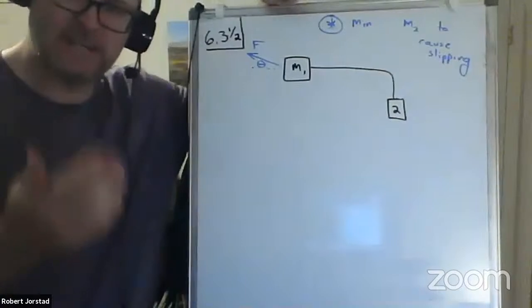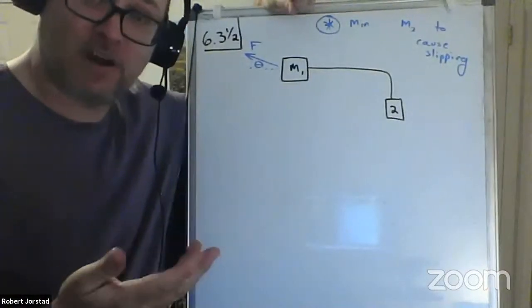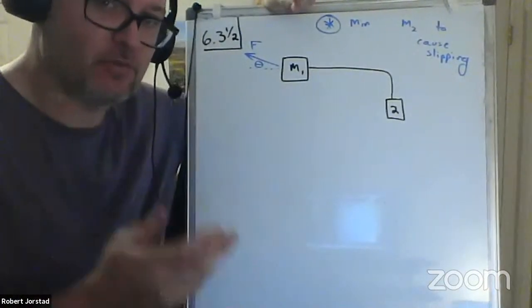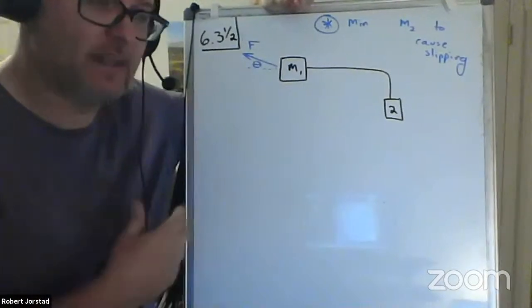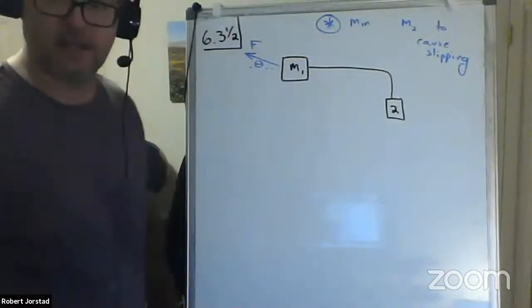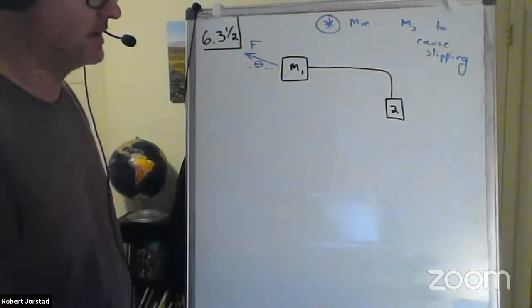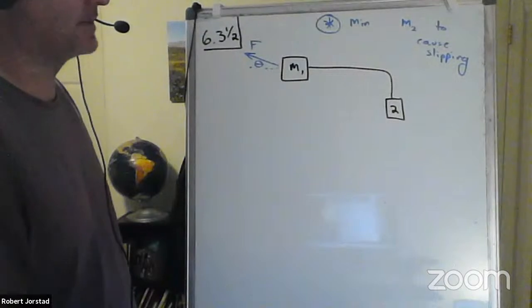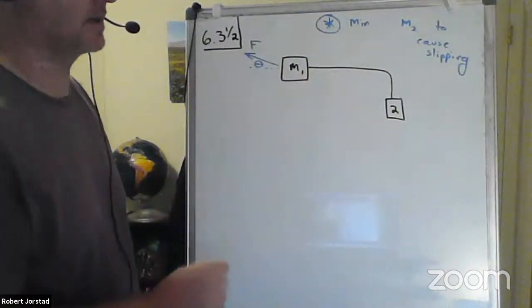Now, when you read that, let's try and figure out which way things move. If we don't know which way they're moving, we'll never get the directions of friction right. So based off this, which way do you think these blocks are going to move? I want the minimum M2 to cause slipping.